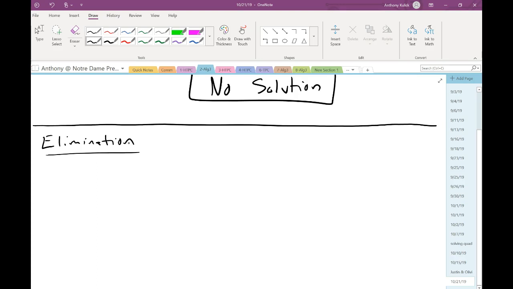Now, while elimination might feel less familiar right now, I think it's the better of the two methods. The reason I think it's the better of the two methods is that I think it scales to larger problems better than substitution does.